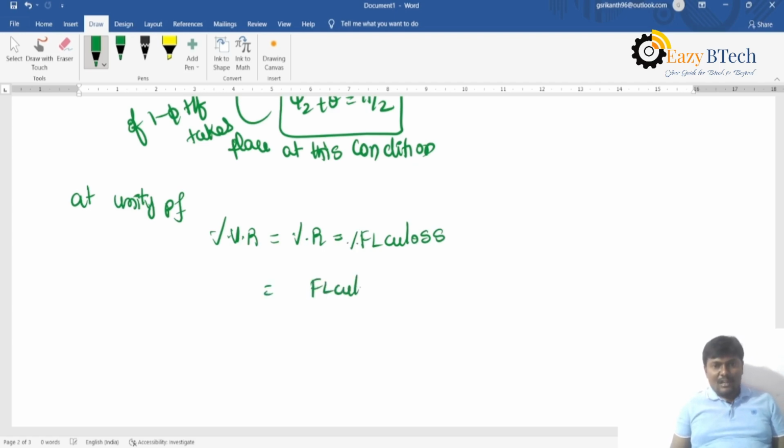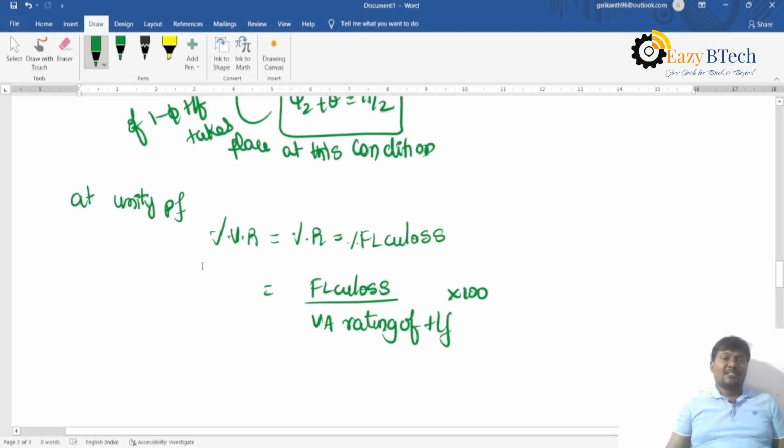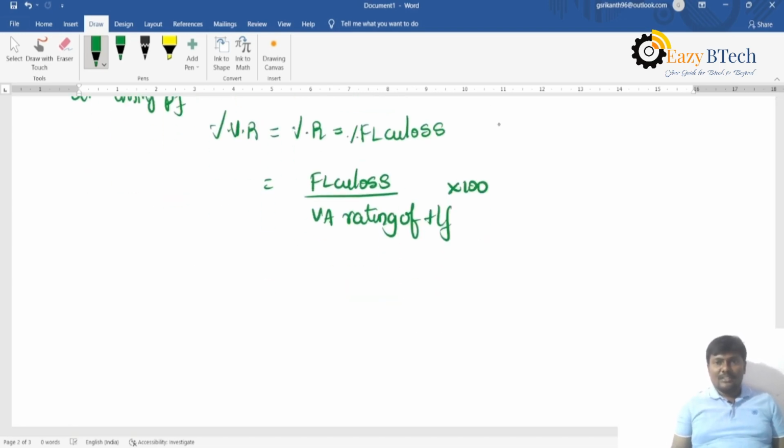So full load copper loss divided by volt ampere rating of transformer multiplied with 100 gives the percentage full load copper loss, and that should be equal to percentage R. We know that I2 R02 by E2 is called the per unit resistance, and percentage resistance is I2 R02 by E2 into 100.